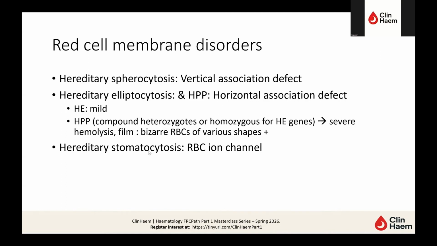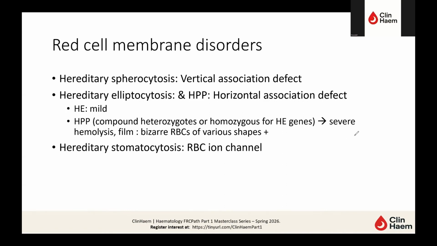So as you remember, the red cell has proteins in the cell membrane, carbohydrates and so on, but it also has ion channels. If the problem is with the ion channel, you get something called stomatocytosis. A stomatocyte is a fish mouth red cell. So I'm not going to draw that here.